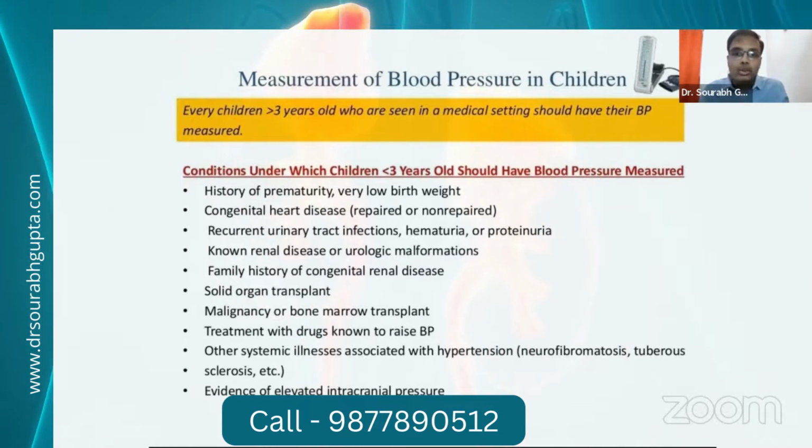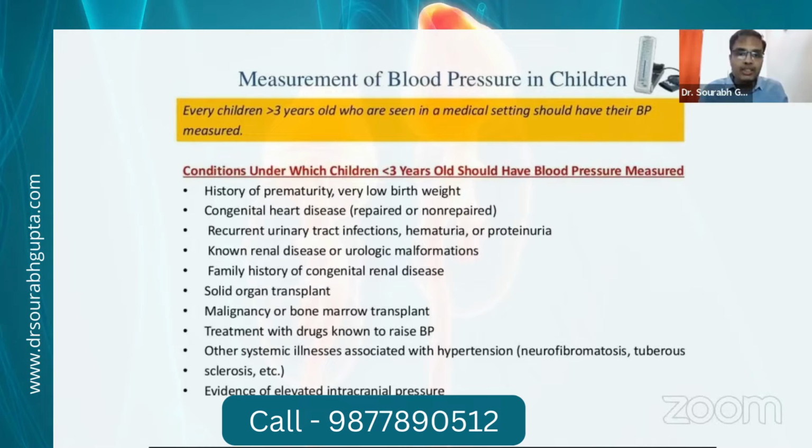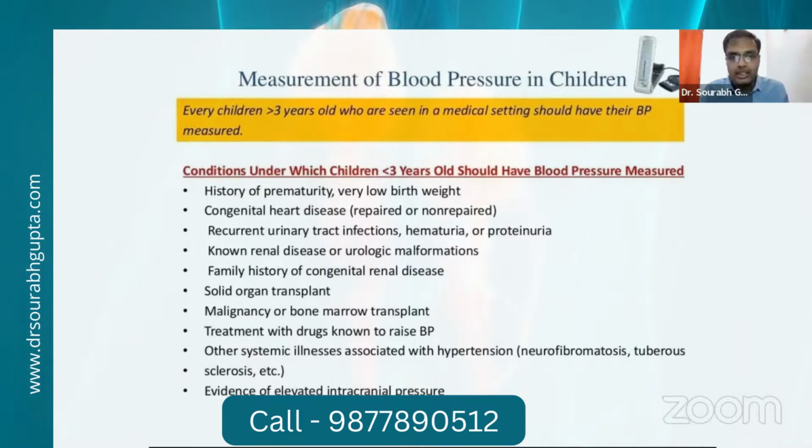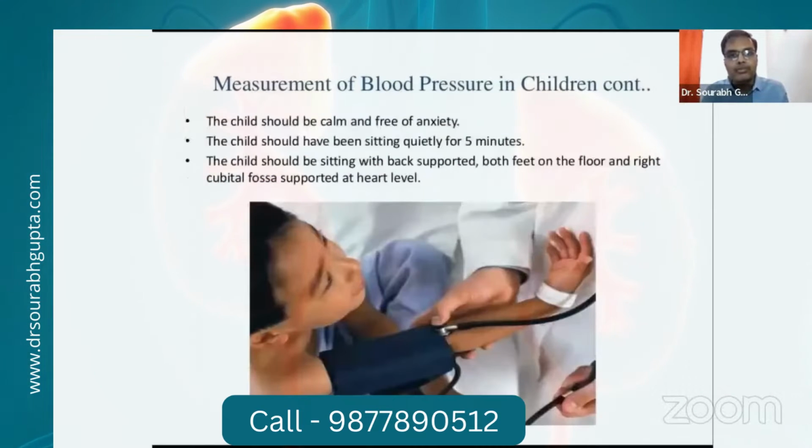Children who have complications since birth, like prematurity, low birth weight, congenital heart disease, renal diseases, should have their blood pressure measured even if they are less than 3 years old. Though it might be difficult, it can be done once it becomes a habit.